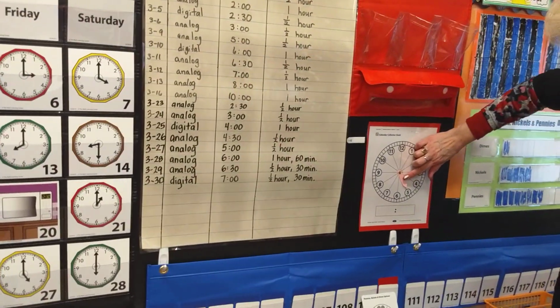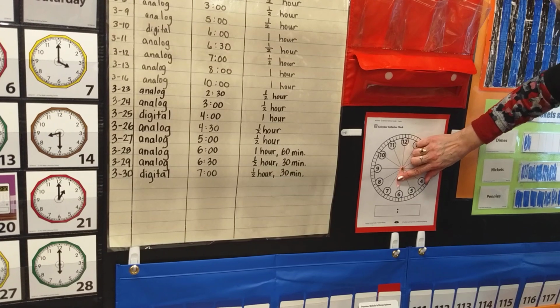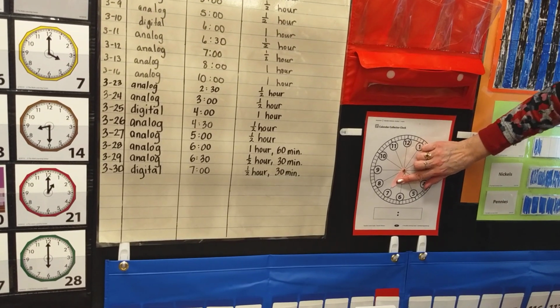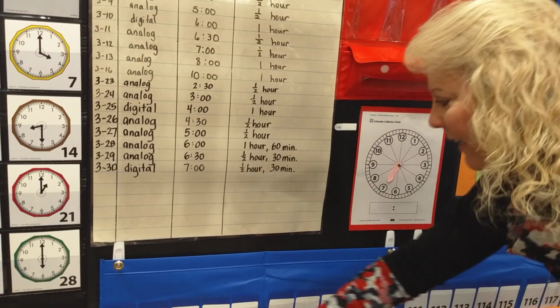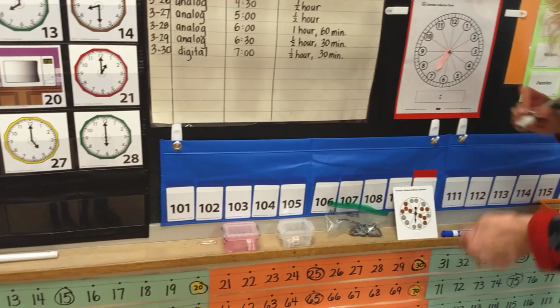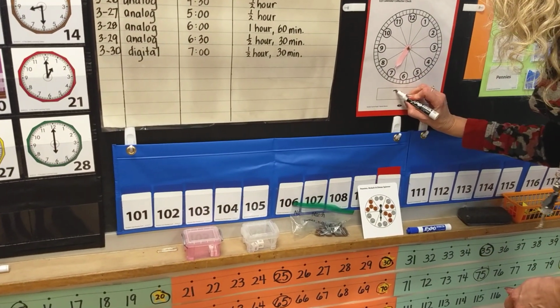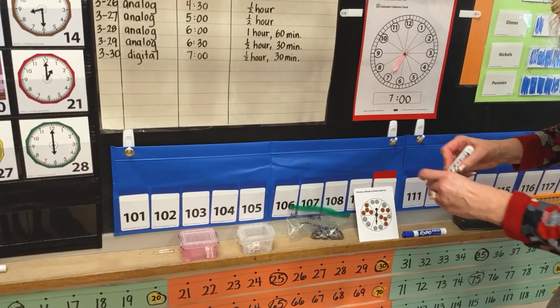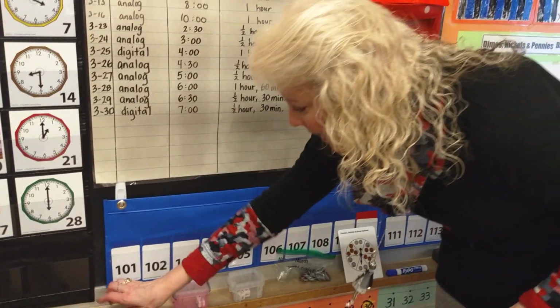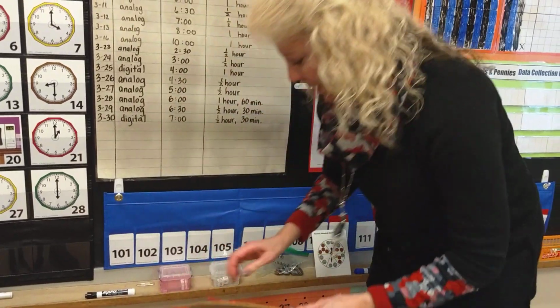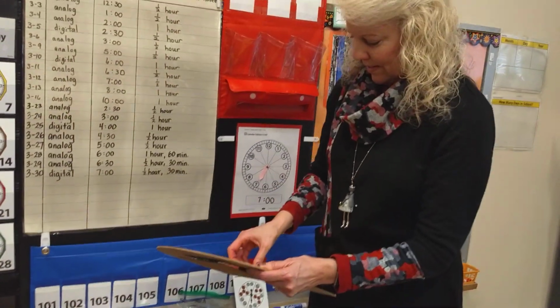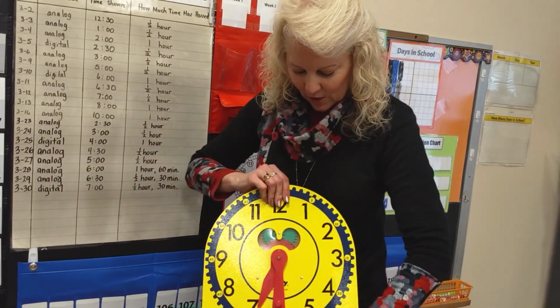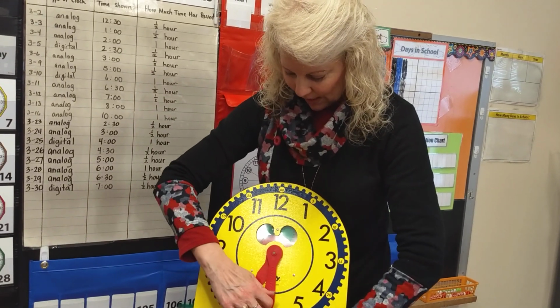Then I'll move my hour hand to 7 o'clock and write down 7 for the hour, and it's 0 minutes after the hour. And it was 6:30 yesterday on Sunday.